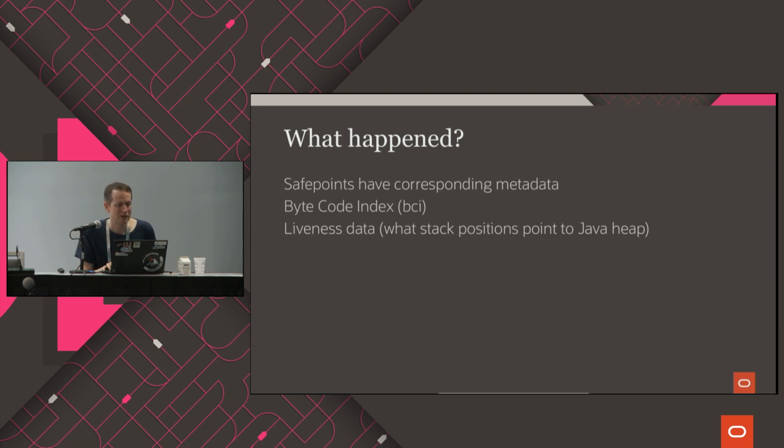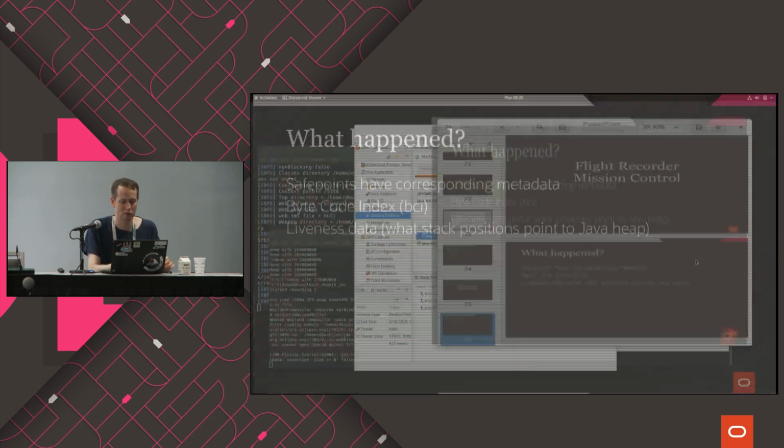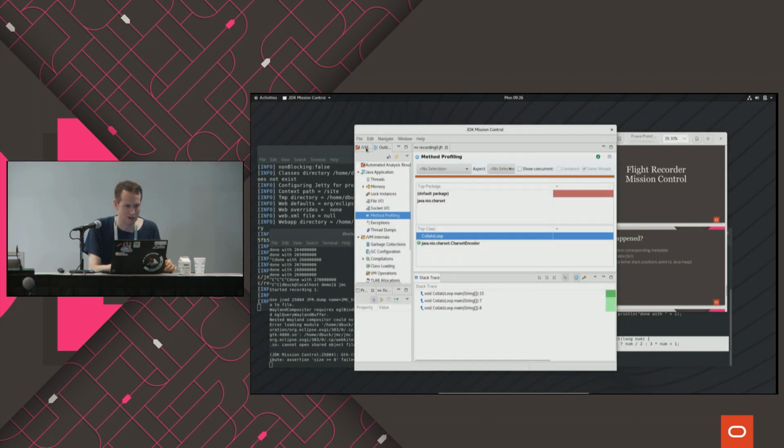So we want the C2 compiler to give us more metadata than it would normally. Normally this would be wasteful, but if we're trying to profile, we want to know exactly which bytecode index, and by extension which line number, if we have that debug information in our class file, everything corresponds to. So let's look at a recording taken with that extra information.